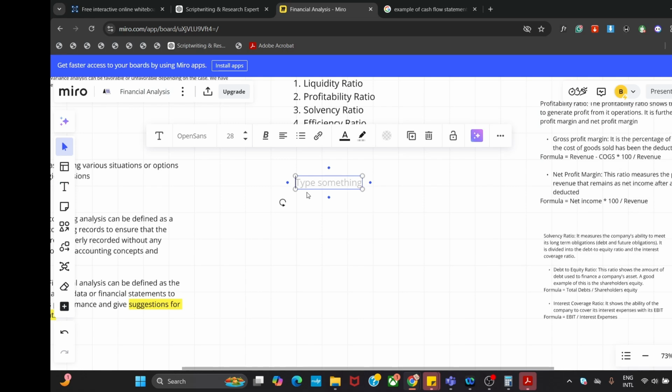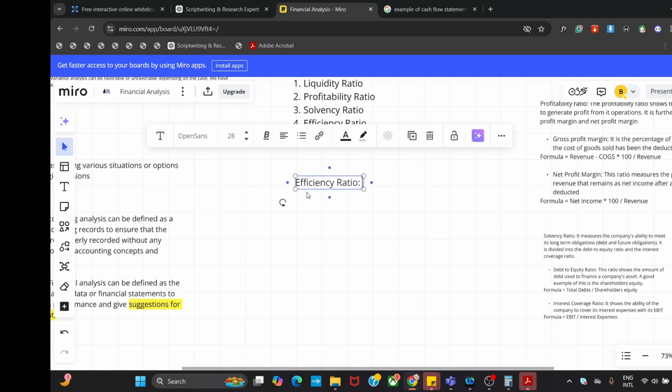So the next ratio we'll be talking about is the efficiency ratio. When we talk about efficiency ratio, we can get the meaning through the name.